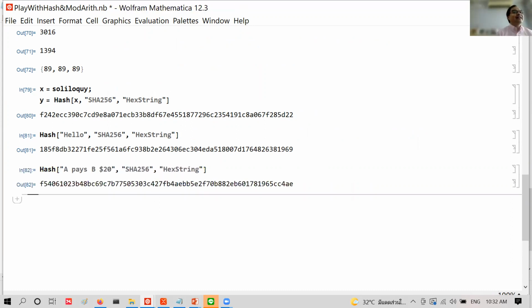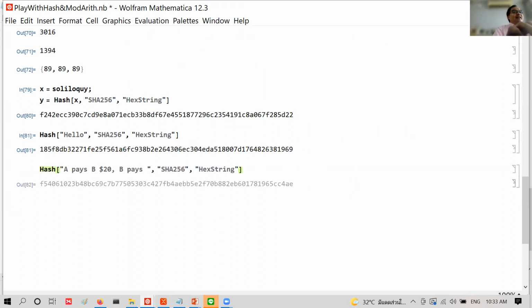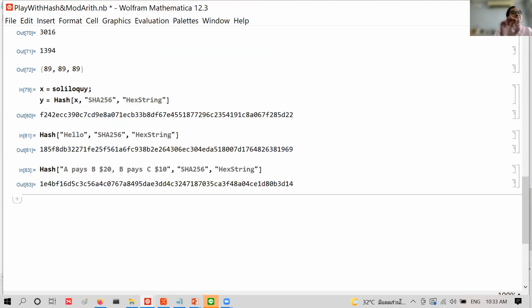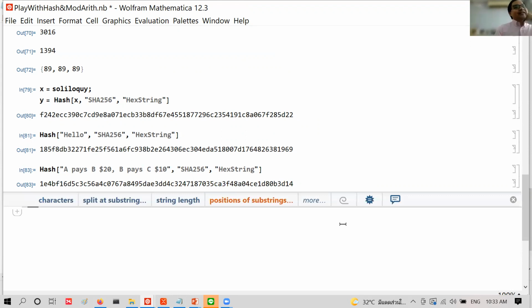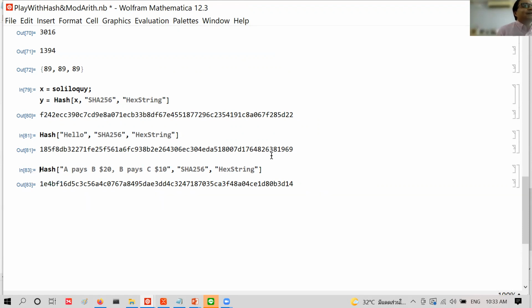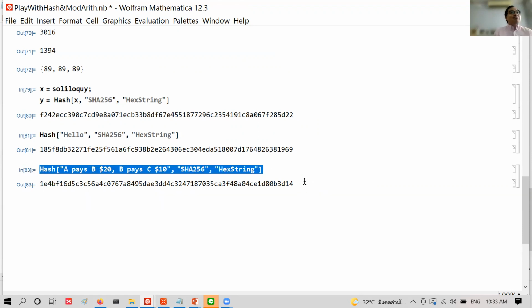I put down A pays B $20, and I get this. Now let's make it more than one transaction. Then B pays C 10. What is important about the hashing function is this: once this is done, it's immutable.